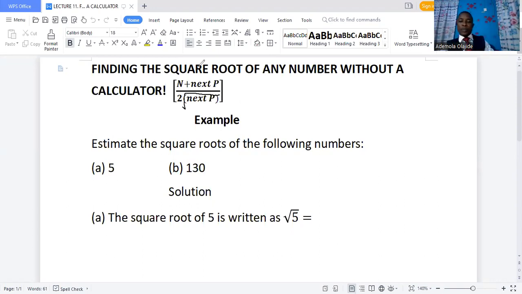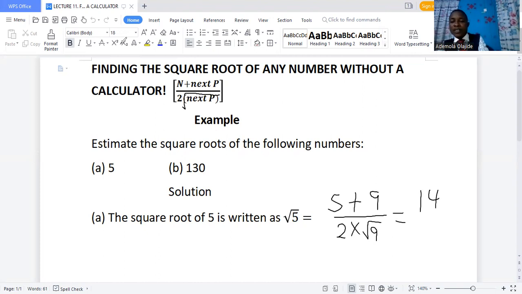So when you want to simplify the square root of 5, it will simply be 5 plus the next perfect square after 5, which is 9, over 2 times the square root of 9. And 5 plus 9 will give us 14 over 2 times 3.